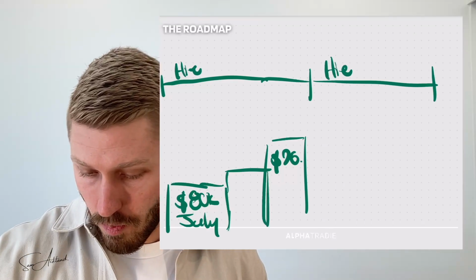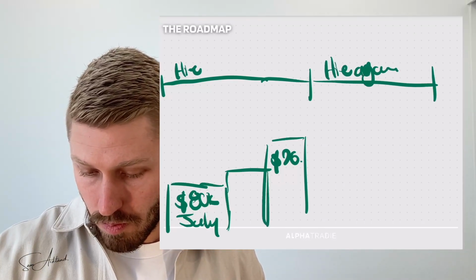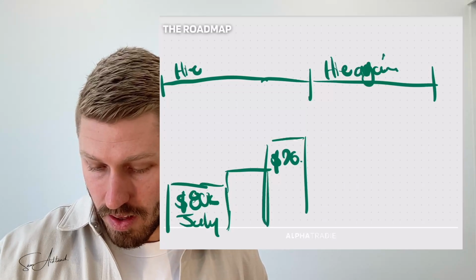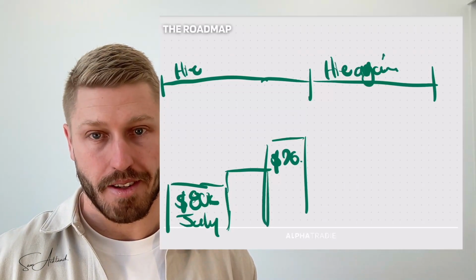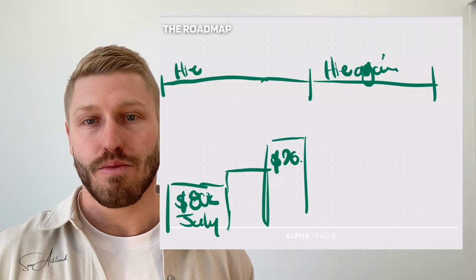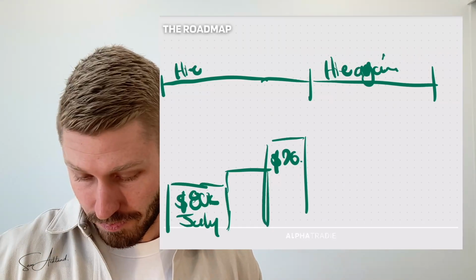Hire again, which is going to give us then the capacity to add another 16 to that. So what will that give us? 112.